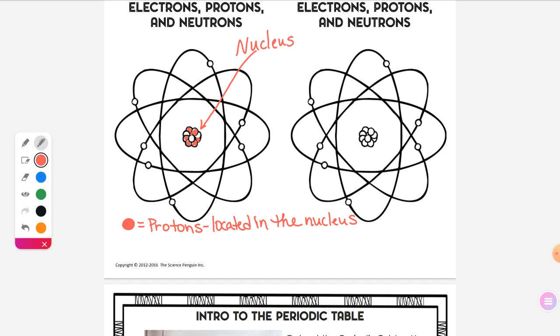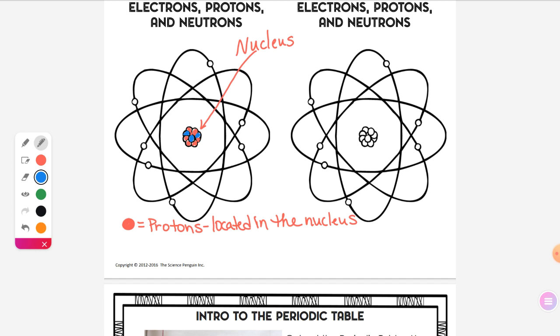Then pick up your blue pen or pencil. Color in the other 3 in the center. And in 5th grade, we don't get super specific. You'll learn the proper way to draw these when you're older.